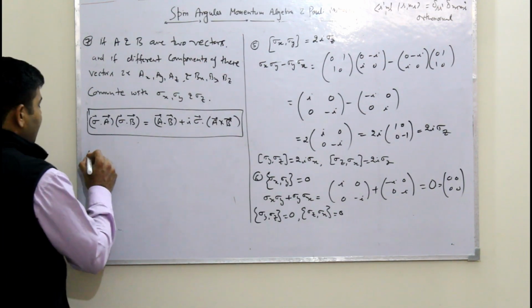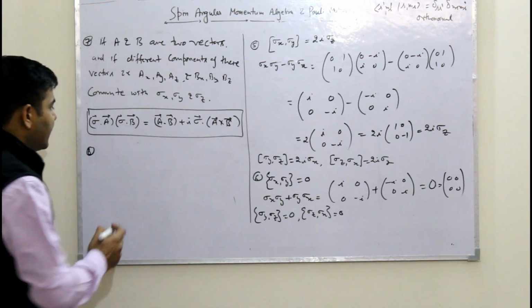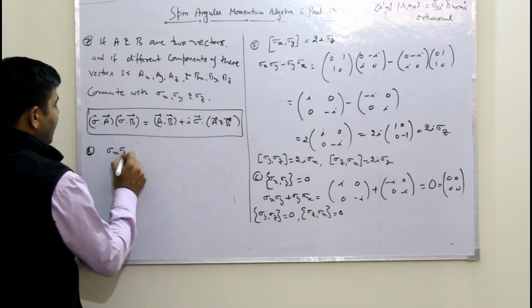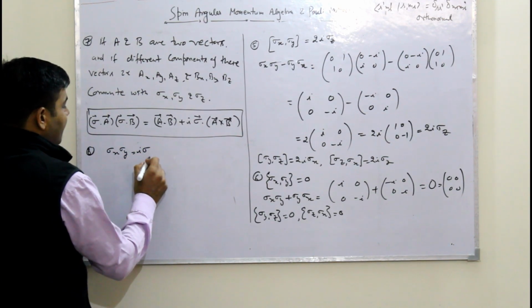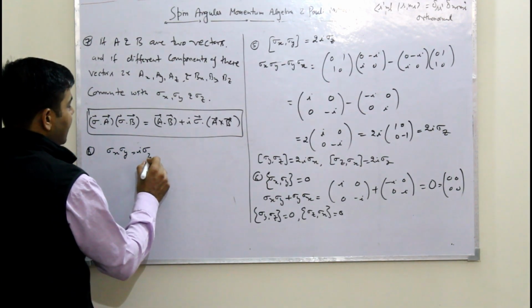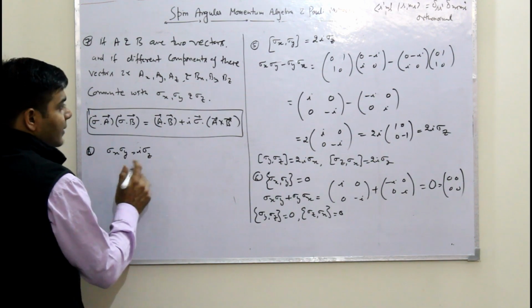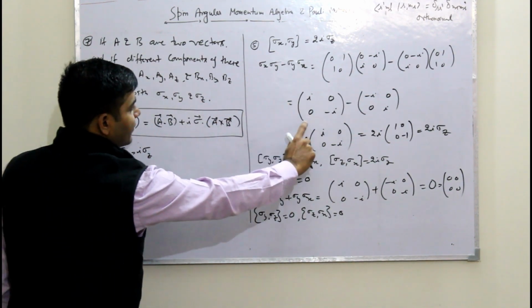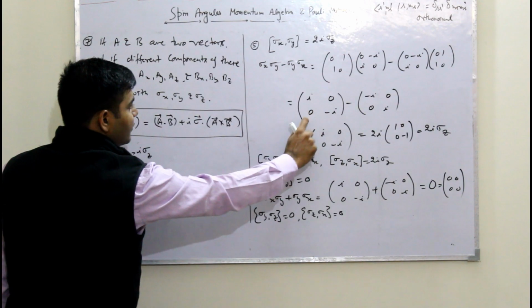Another simple property is that sigma x, sigma y is actually equal to iota sigma z, because the sigma x, sigma y that we calculated was iota 0, 0 minus iota.